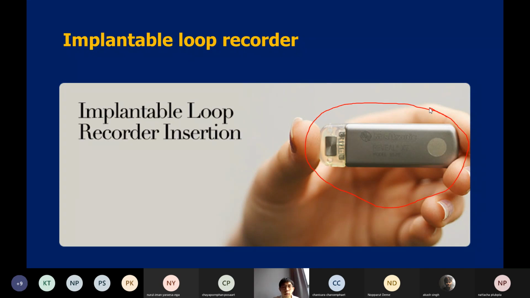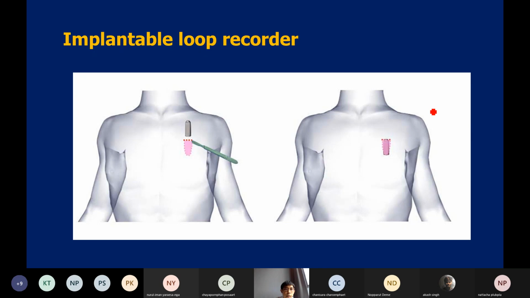This is not usually done because it's quite invasive. Like I said, you have to implant it subcutaneously, in a similar way to the pulse generator of a pacemaker.